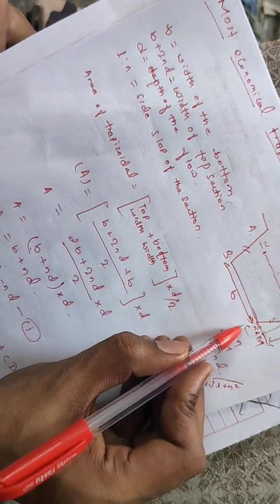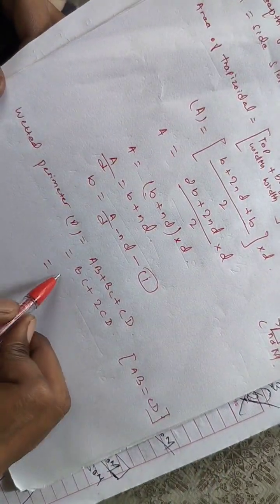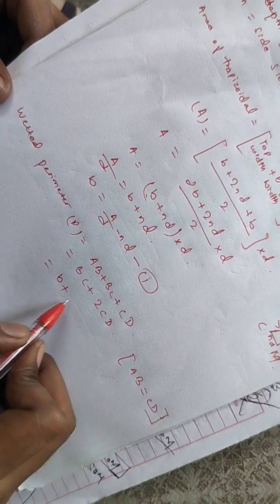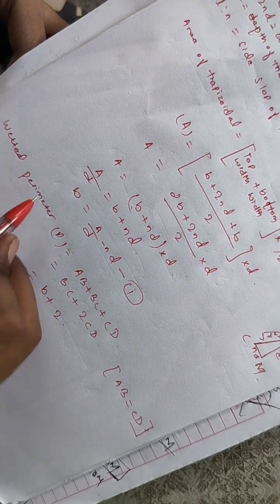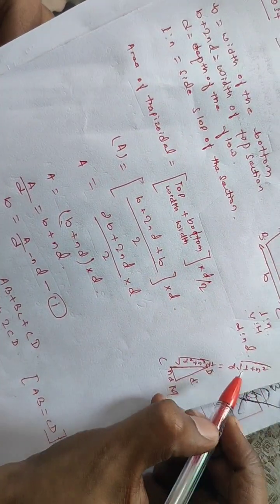Now from the figure we already know that BC is the bottom width, which is equal to B, and 2 CD means 2 into CD, and CD we got here is d times root of 1 plus n square.